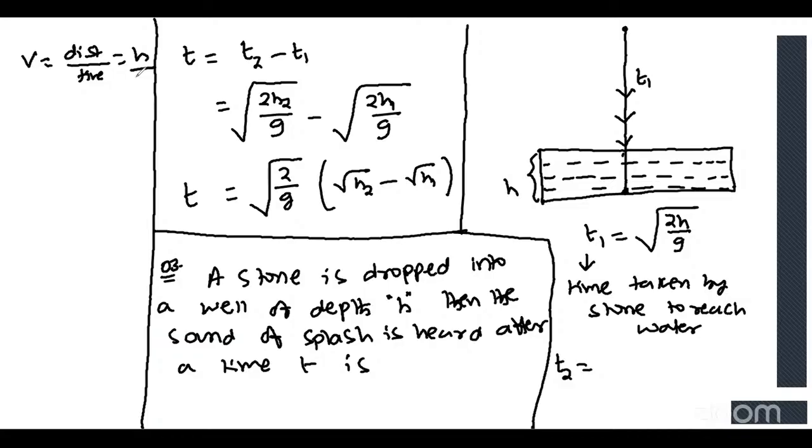Distance traveled is h, time taken is t2. So total time equals under root 2h by g plus h by speed of sound. Write it down.